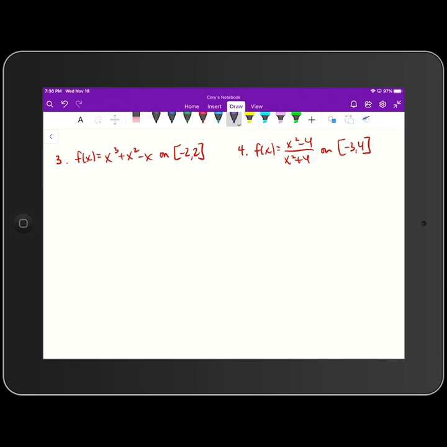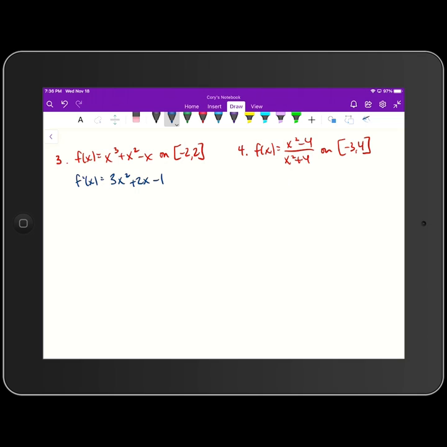All right, so when we look at number 3, again, we have a polynomial function whose domain is all real, so it's continuous everywhere, thereby making it continuous on the closed interval from -2 to 2. We're going to take the derivative of this function to find the critical points. The derivative is 3x squared plus 2x minus 1. Again, because that derivative is a polynomial, it is defined everywhere.